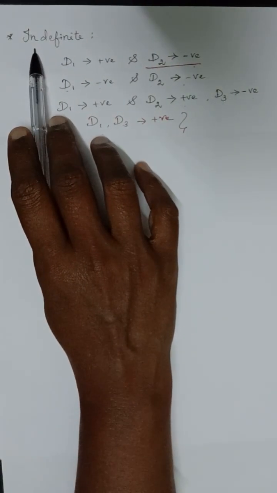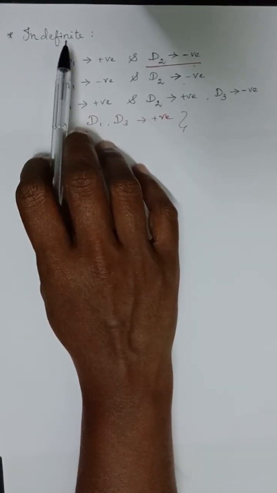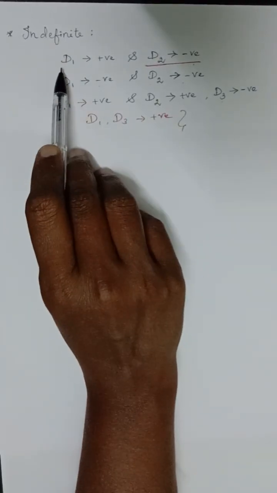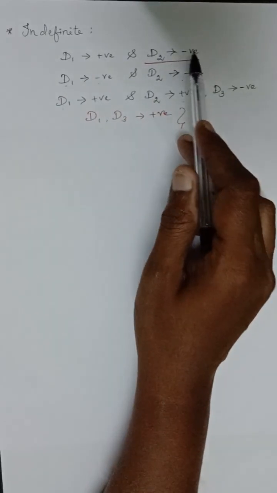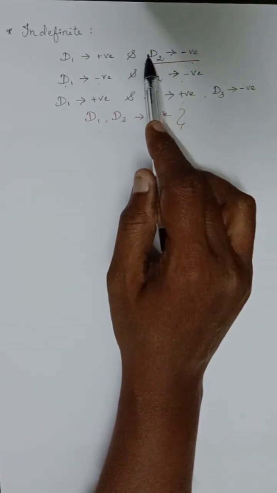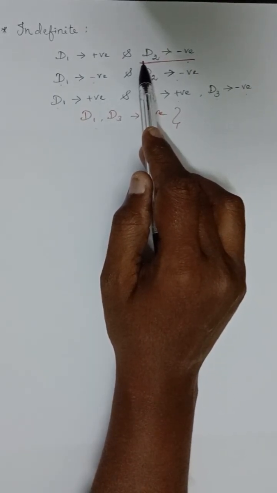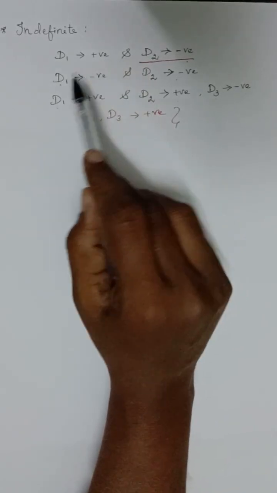The last one is indefinite. Indefinite means anything except the previous conditions. See here, D1 is positive and D2 is negative; obviously the nature of the quadratic form is indefinite.